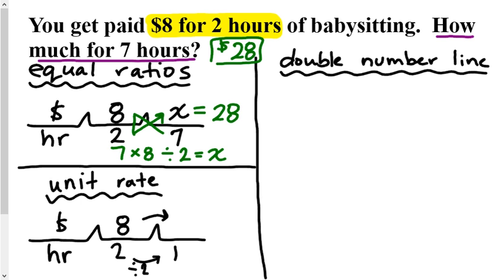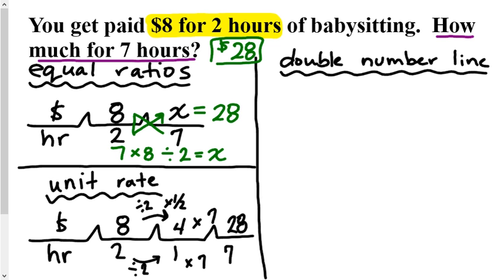So we're going to do 8 divided by 2, or times 1/2, and that's going to give us 4. So it's $4 for 1 hour, and then I can do times 7 to get 7 hours. So 4 times 7 is 28. So I could get $28 that way as well, using a unit rate. Now I don't have to find a unit rate, but some people just like to find a unit rate. They feel like that's a little bit easier.